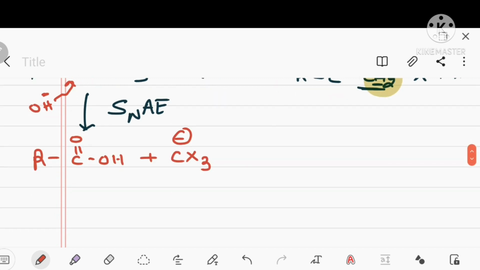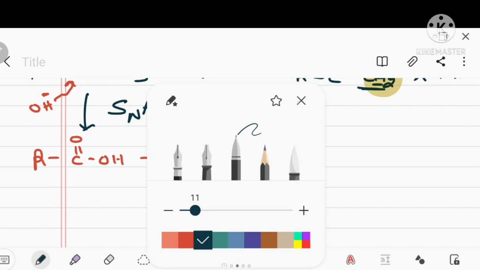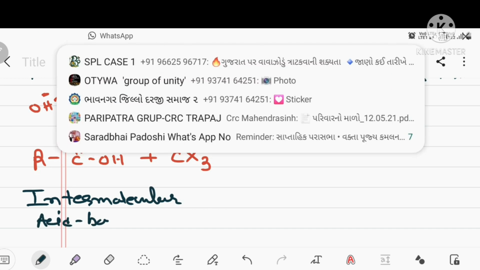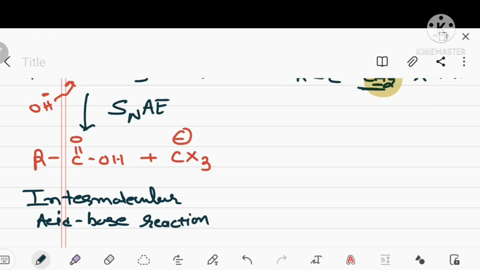Now an intermolecular acid base reaction occurs, and at the last the salt of this acid is formed, so it is R C double bond O minus, Na plus.